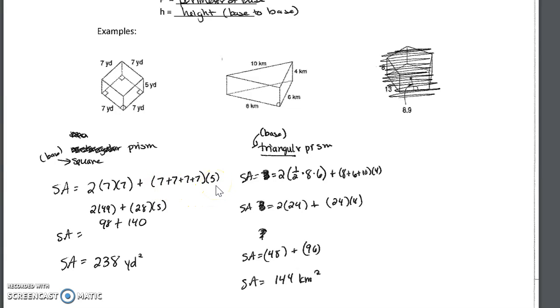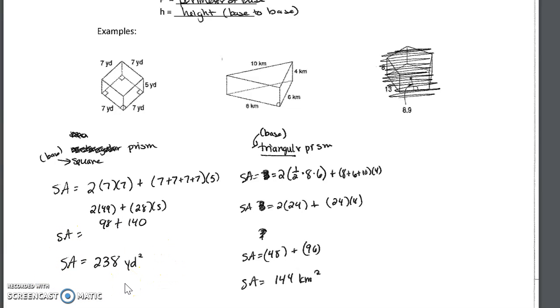Depending on whether you know how to work your calculator right, you can probably plug the whole thing in and get an answer, but I do think it might be helpful for you to show some work. So 2 times 49, 28 times 5, so 98 plus 140. Your final answer for your surface area is 238 yards squared.